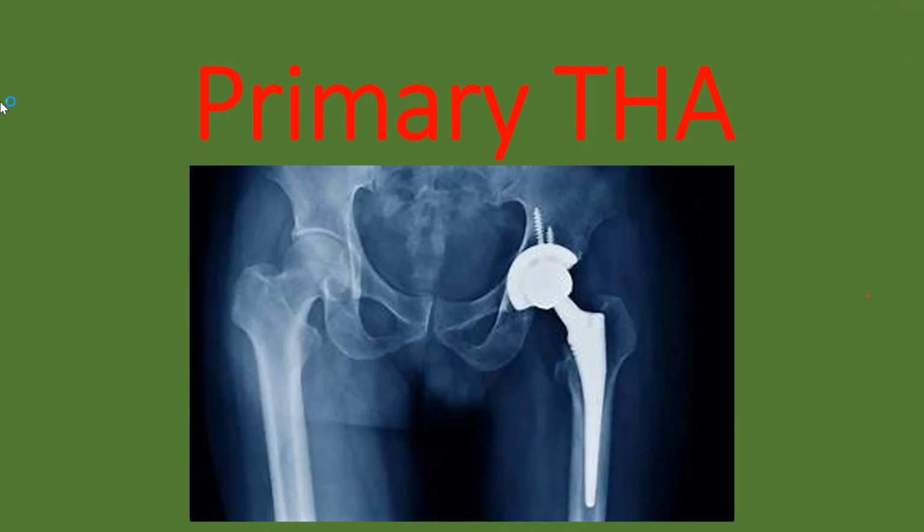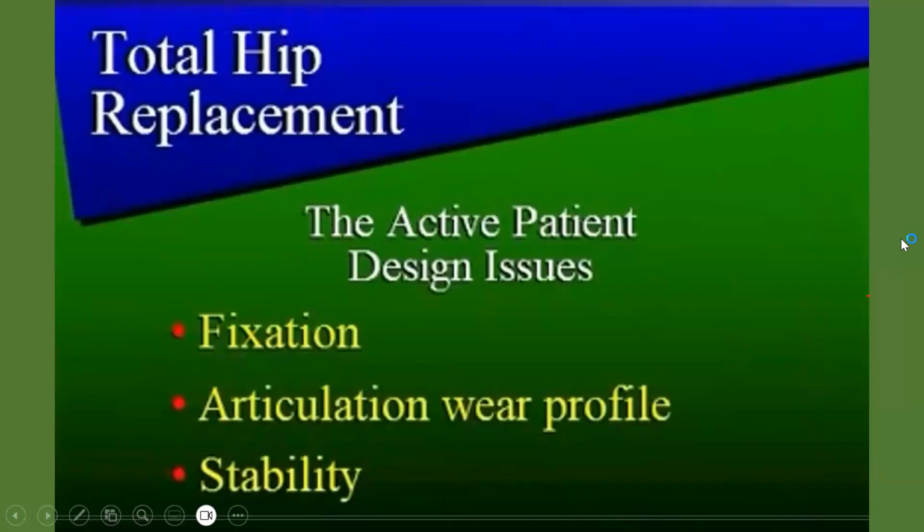Now this includes the essentials of what you should know about total hip. When you're doing a total hip, you have to aim for proper fixation. The articular surface that you're using has to have a proper wear profile, and you have to think of stability. If these three don't come together, the total hip won't last.